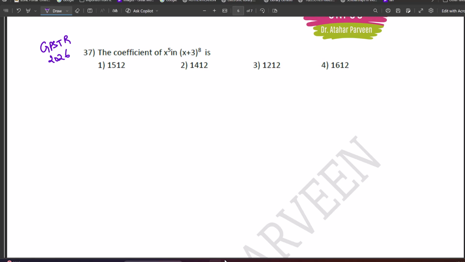The coefficient of x to the power 5 in (x plus 3) whole to the power 8 is. So simply, first write the general term: T(r plus 1) is equal to nCr a to the power (n minus r) b to the power r. So what is given here? (x plus 3) whole to the 8 is given, and we should find the coefficient of x to the 5. Right?